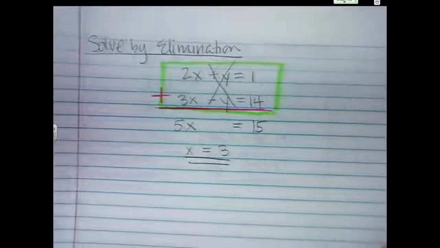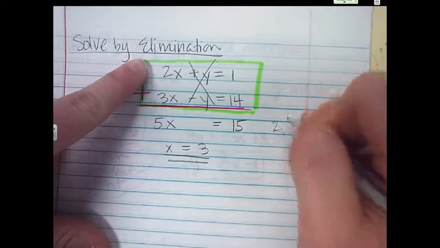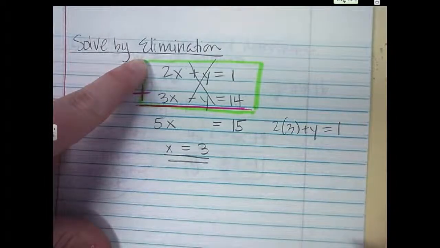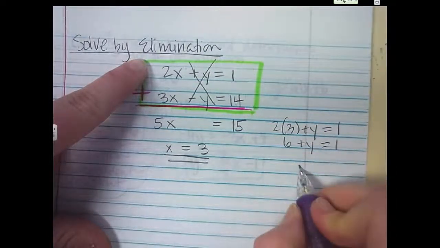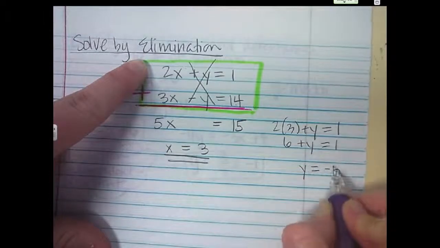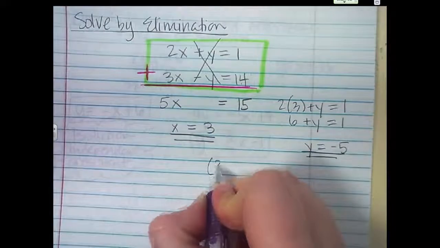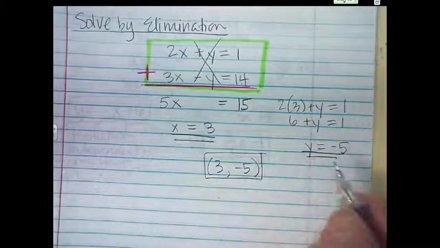So go back to one of the originals and plug in 3. So I'll go back to the first one. 2 times 3 plus y equals 1. 6 plus y equals 1. So y equals negative 5. You know they won't always be that easy. Nice.